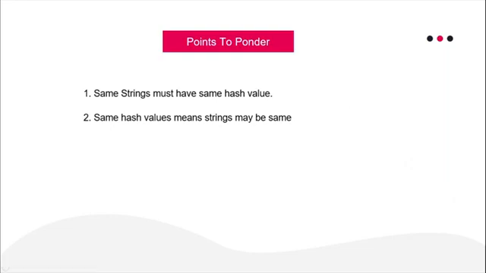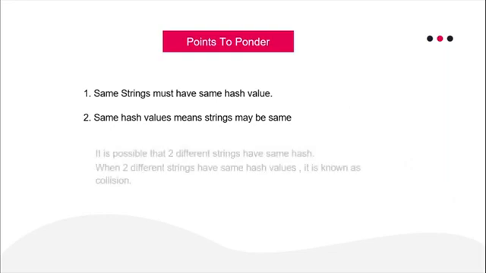This is where it gets interesting, and it is important for you to know that comparing two strings by their hash values is not 100% accurate, because there is a probability of error because of collision, and we'll be learning in the next lecture how we can reduce the collision to almost 0.